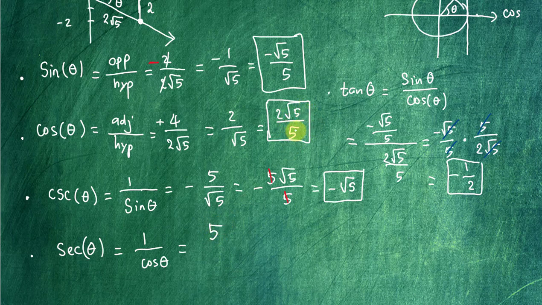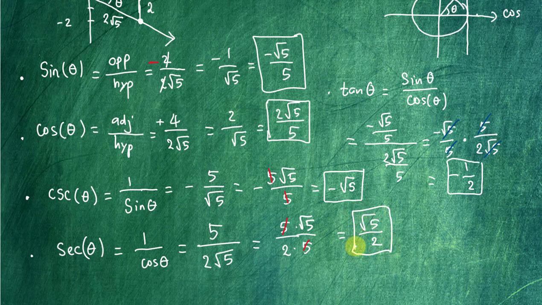So I bring 5 to the top, and then 2 square root of 5 to the bottom, and I multiply the square root of 5 on both top and bottom. The square root of 5 times the square root of 5 gives me 5, and I multiply the square root of 5 on the top. I have that, and now I can cancel out the 5, and I get the simplified version of that, equal to the square root of 5 over 2. And we have everything now.